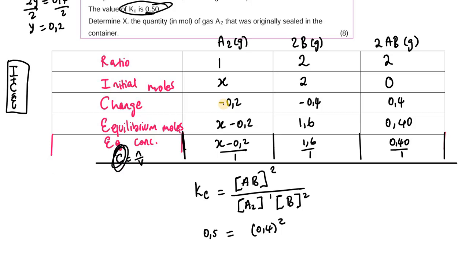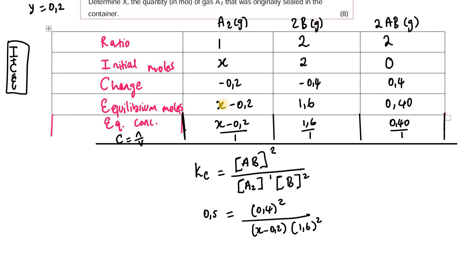And then the concentration of A2 is x minus 0.2 over 1, and then the exponent is 1. What about for B? It's 1.6 over 1, which is simply 1.6. Then you say squared. Why is it squared? Because the ratio is 2.